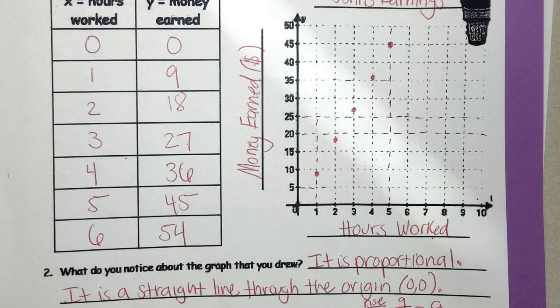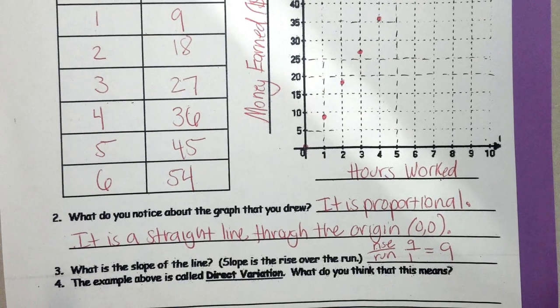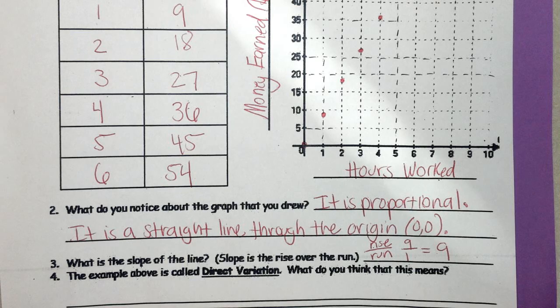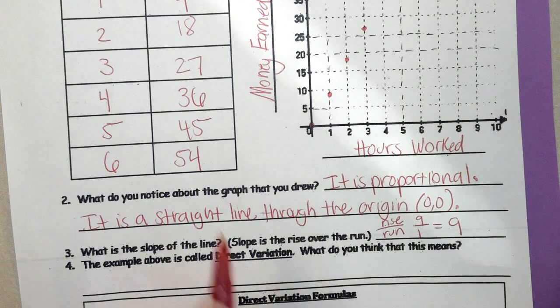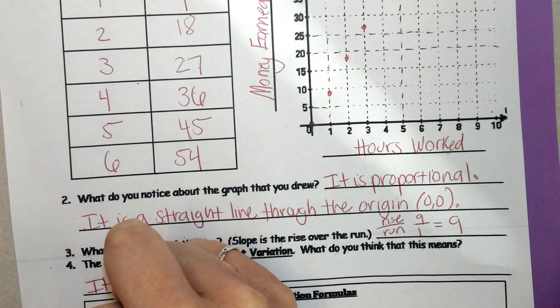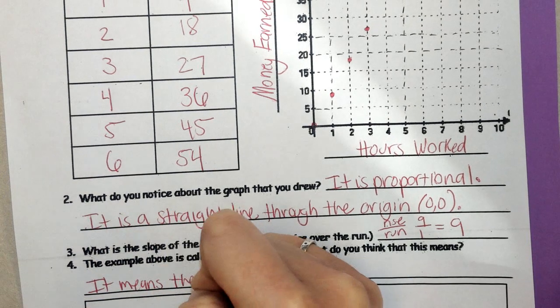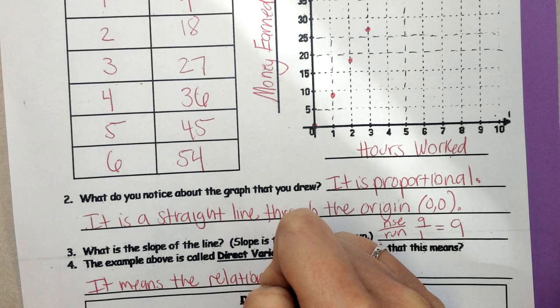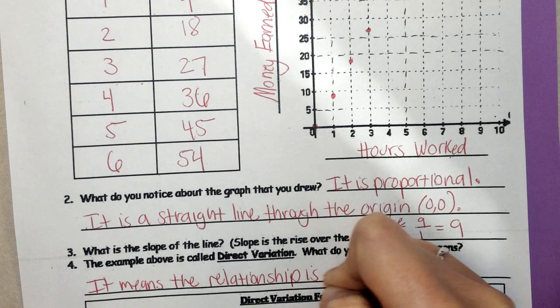What did you specifically tell us that you noticed? It's proportional. Guys, today, direct variation is just a fancy way of saying it's proportional. Okay? So we're going to write, it means the relationship is proportional.